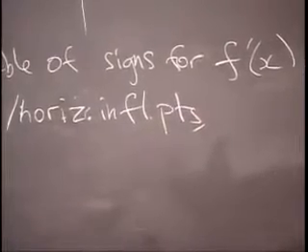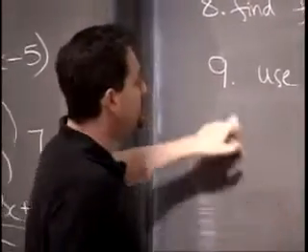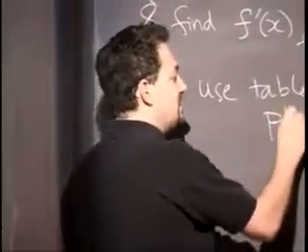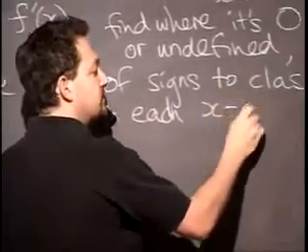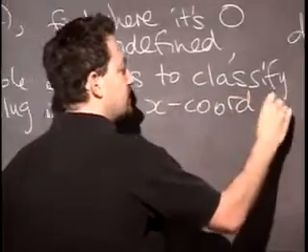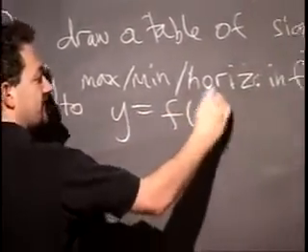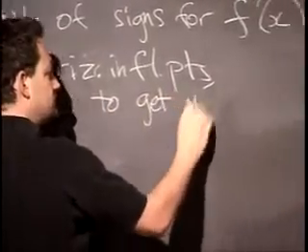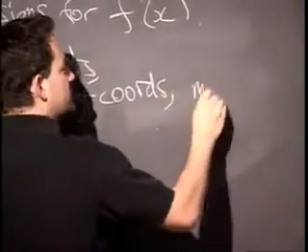What you really need to do is plug in those values, the max or the min, the x values, into the original function, not the derivative. Plug each of these x coordinates into the original equation y equals f of x in order to get the y coordinates, and then mark these things on the graph.